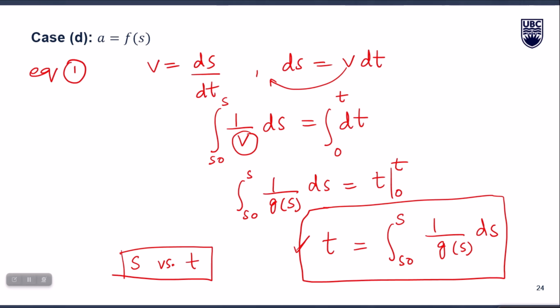But again, you can see that the way you integrate acceleration in these 4 cases is different, right? For the first 2 cases, direct successive integration was possible, but for the last 2 cases, case C and case D, you need to integrate it in a slightly different form to convert one variable to another and then come back to the third variable, right?